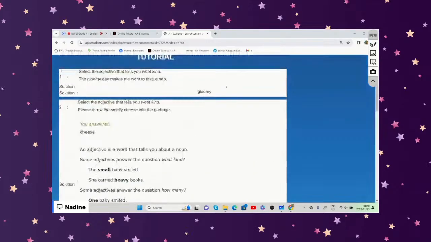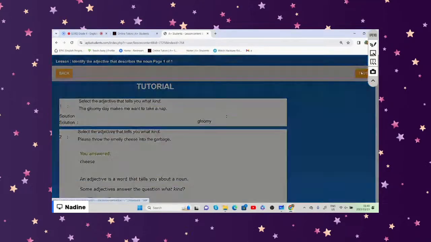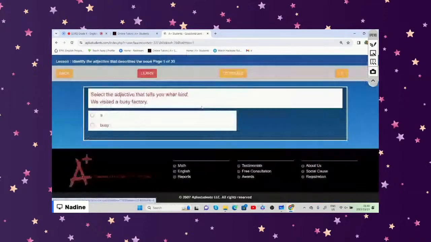All right, so now we're going on to our test, where we need to identify the adjectives that describe the noun. We visited a busy factory. We need to select the adjective that tells you what kind.